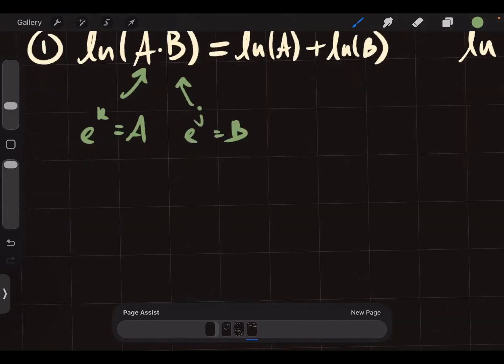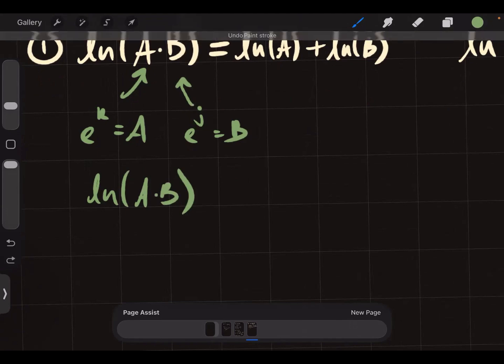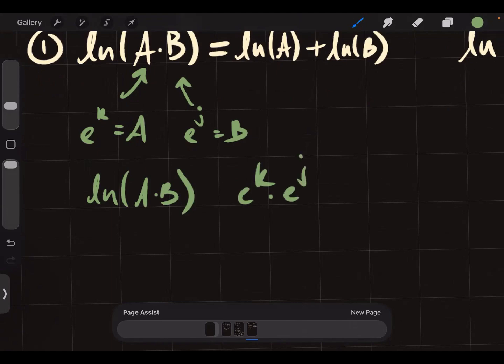So naturally, ln of a times b is going to capture these two exponents additively, because e to the k times e to the j is e to the k plus j.